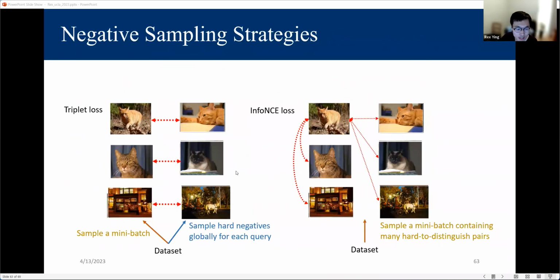So the idea is that we draw these distances between these examples. The distance is between features or representations, and tells us how far away each example is from each other.